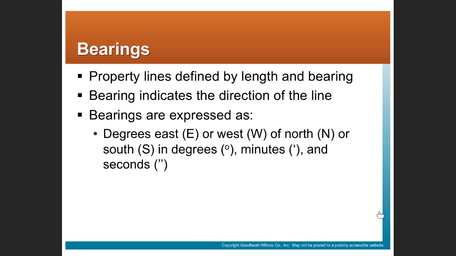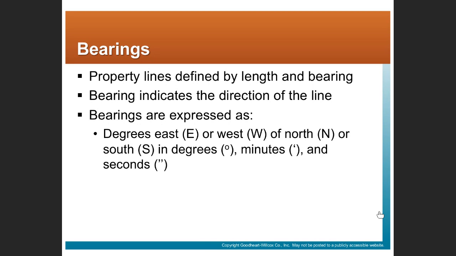Right, we just saw on the plot plan about property lines. Property lines are defined by length and bearing. Bearing is a compass direction that indicates the direction of the line. The bearings are expressed as either degrees east or west of north or south, in degrees, minutes, and seconds.